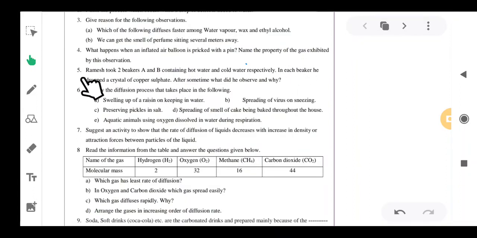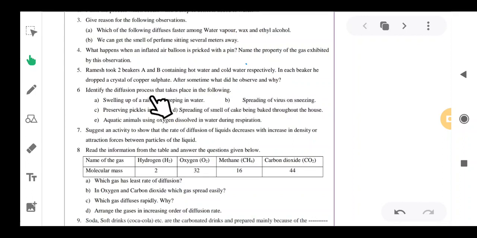Next one, fifth one. Ramesh took 2 beakers A and B containing hot water and cold water respectively. In each beaker he dropped a crystal of copper sulfate. After some time, what did he observe and why?